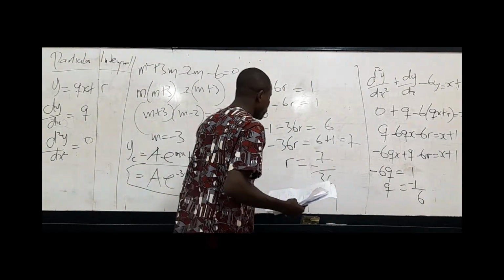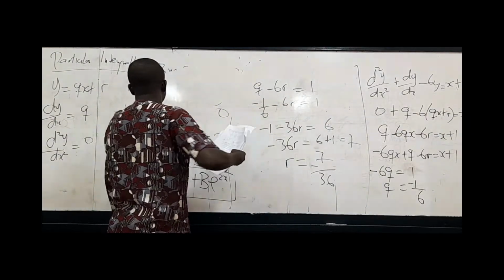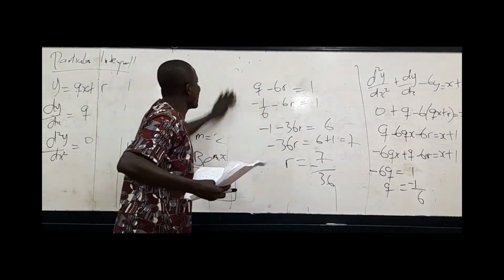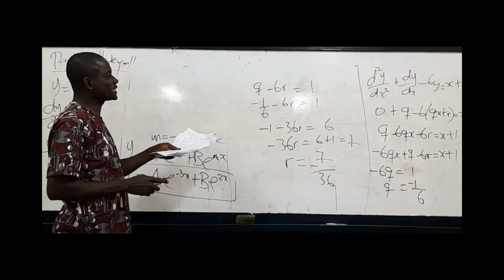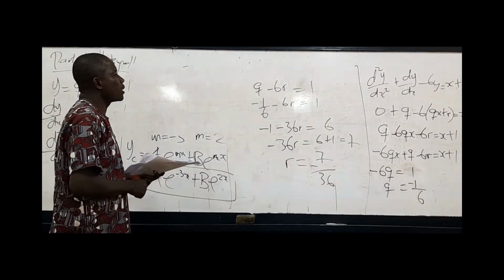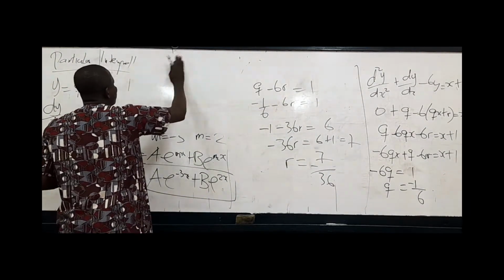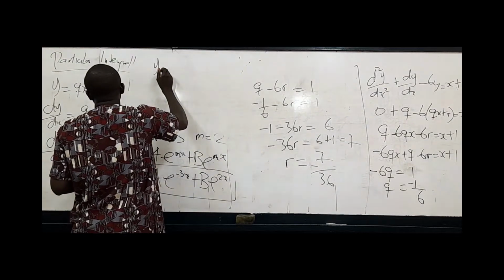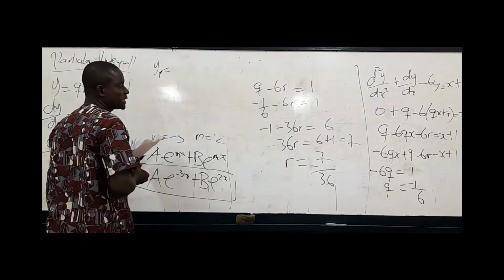We are moving deeper into the water, but don't worry, that is how it is. We are finding the general equation. Over here, this is our r. So how do we write our complementary function? We say that our particular integral yp is equal to qx plus r.